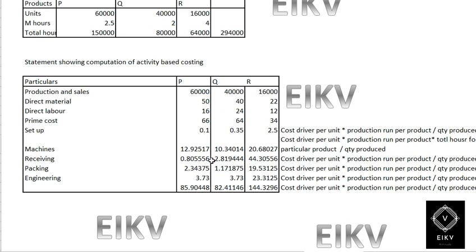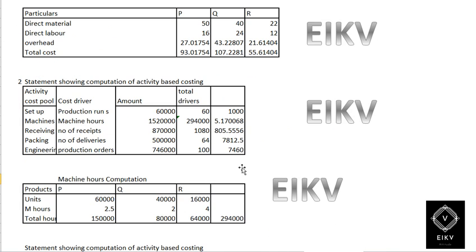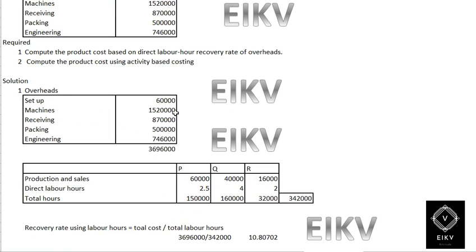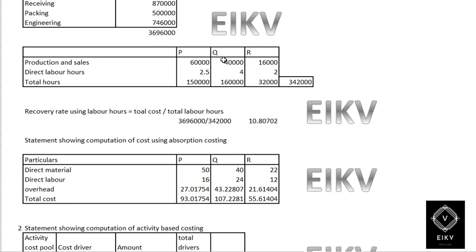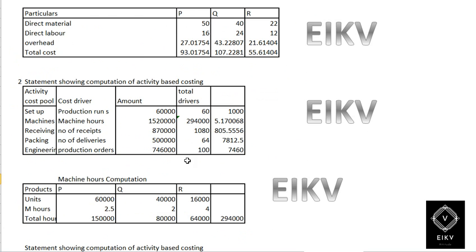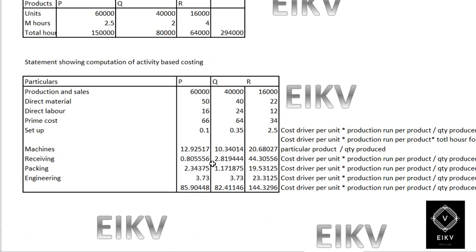Same way we have receiving cost. The receiving cost per driver will be 805.5. So 805.5 multiplied by the number of receipts, which is 60, divided by total production quantity of 60,000 will give you 0.85.